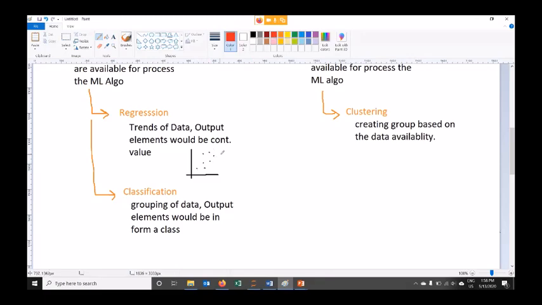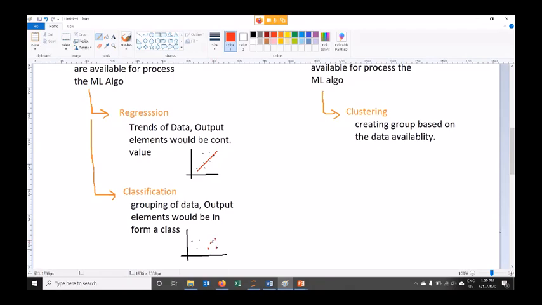In regression we are getting a straight line, whereas in the classification case we try to divide our data values based on their group type.